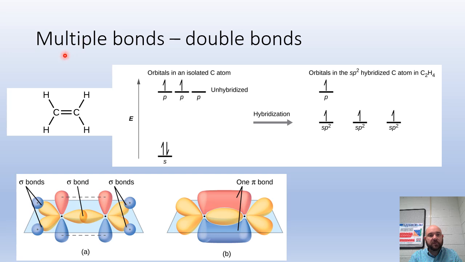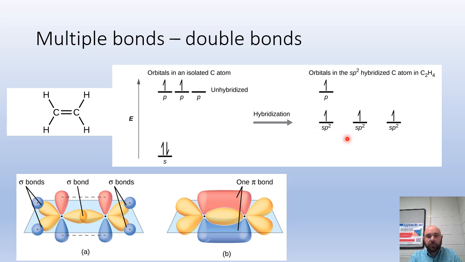Now we can discuss how multiple bonds are formed in molecules. We see a Lewis structure for ethylene, C2H4, in which 2 carbons share a double bond. In order for these 3 sigma bonds to be formed, the carbon needs to hybridize 3 orbitals. So he will hybridize 1 of the s and 2 of the p's.